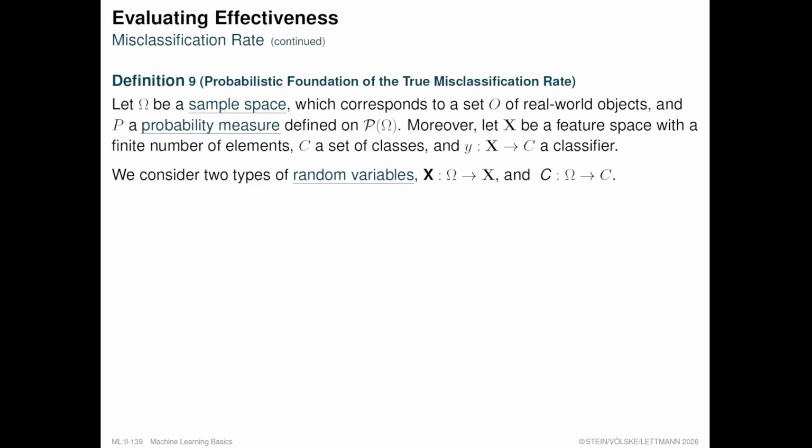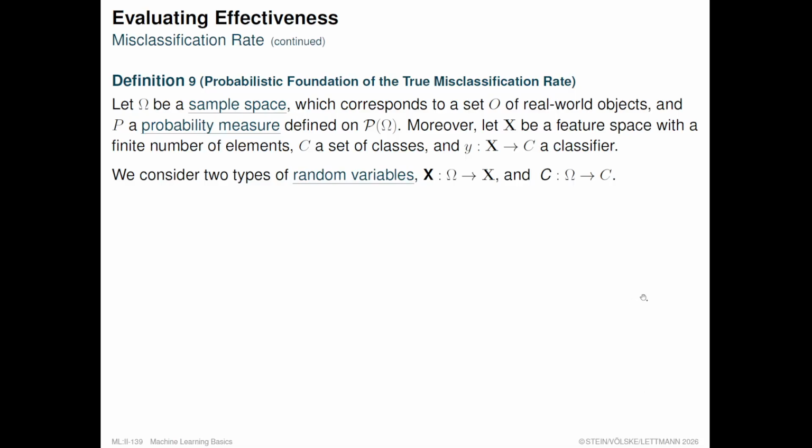And in order to do that, we'll also have a look at a probabilistic foundation for this. I will try to point out the correspondence to the formulation that we just saw, the frequency-based. But first we have to introduce some terms here.